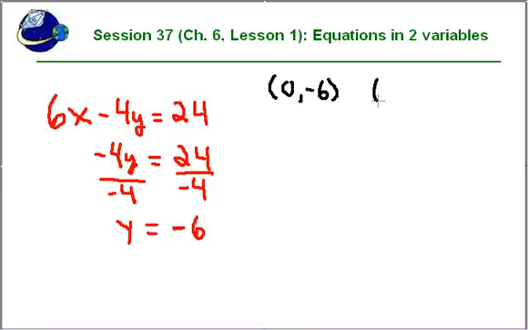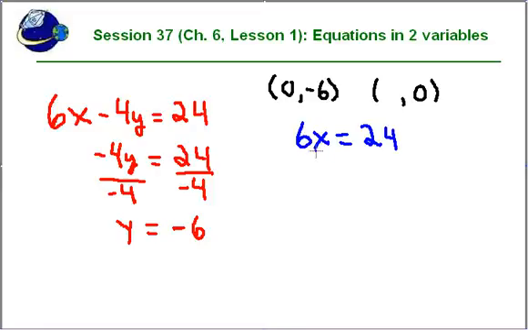Well, let's see if there's another solution. Instead of x being 0 this time, let's see if we can make y 0 and see if that helps us find a solution. Let's stick in our 0 for the y. 0 times minus 4 is 0. So 6x minus 0 is simply 6x. So after we stick in a 0 for y, we are left with 6x on the left-hand side of the equation, and on the right-hand side, we're still left with 24.